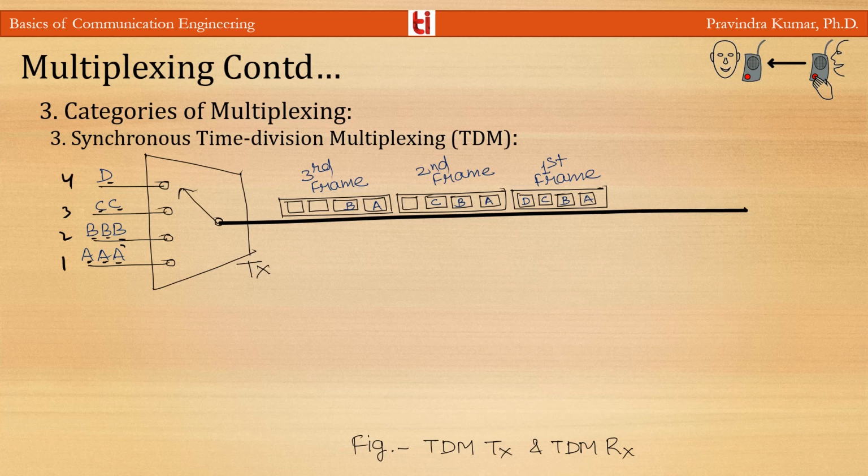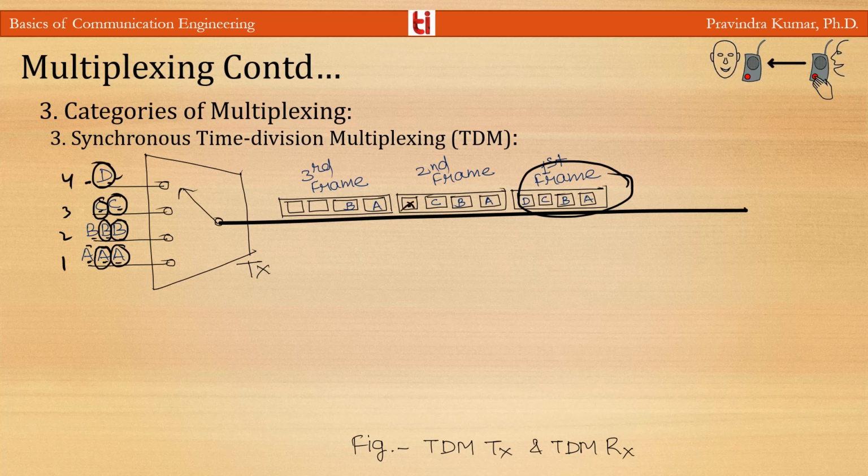It collects A, from second it collects B, from third it collects C, and from fourth it collects D, which together make the first frame. After the second scan, this system collects A from first, B from second, C from third, and from fourth there is no data to send because D is already transmitted. So this block is empty here.